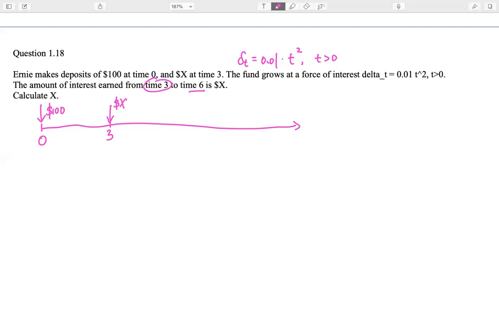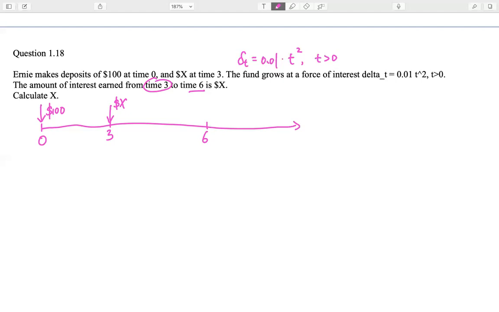The fund grows at a force of interest, that is given. The amount of interest earned from time 3 to time 6 is x. So that part we need to analyze.